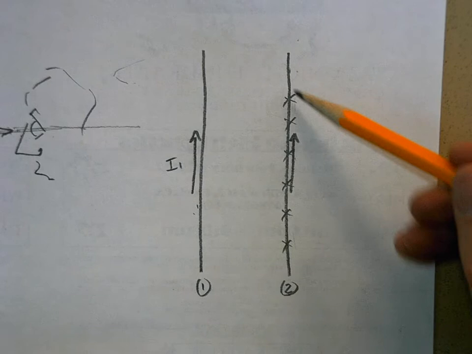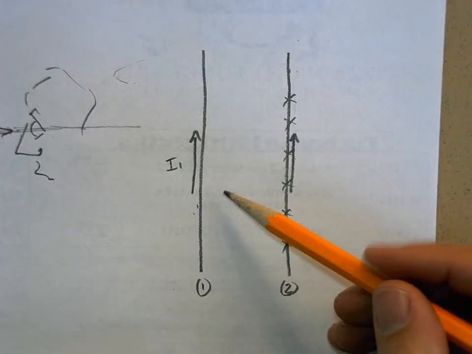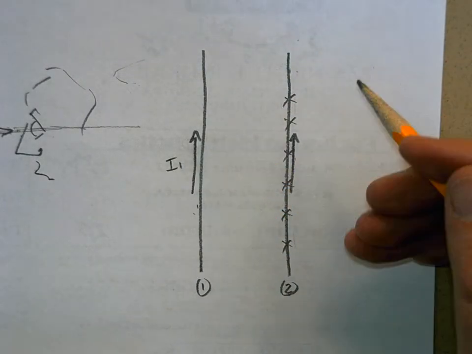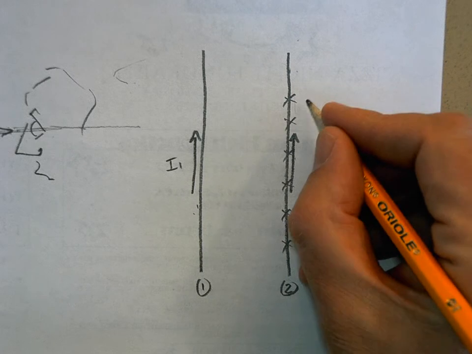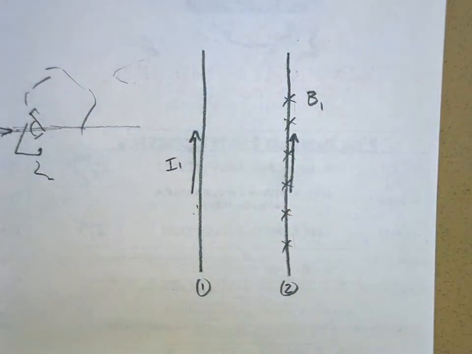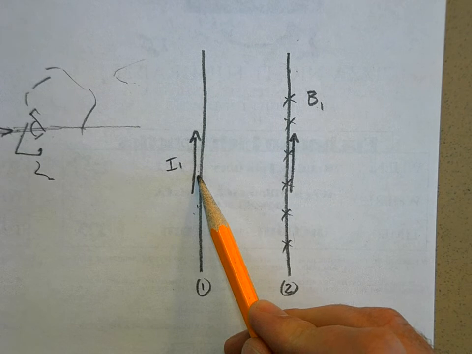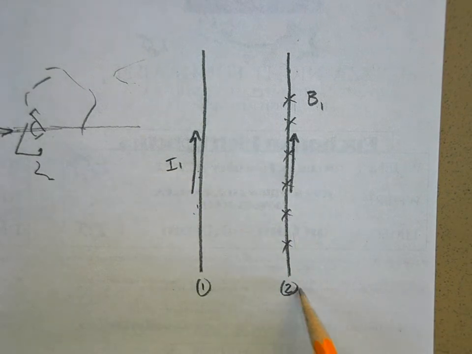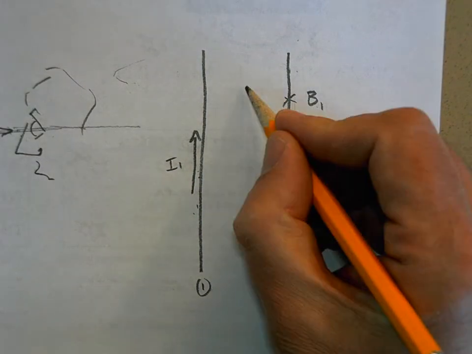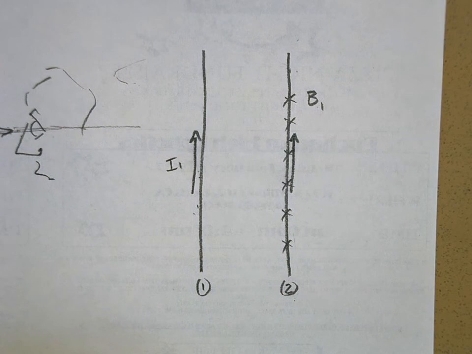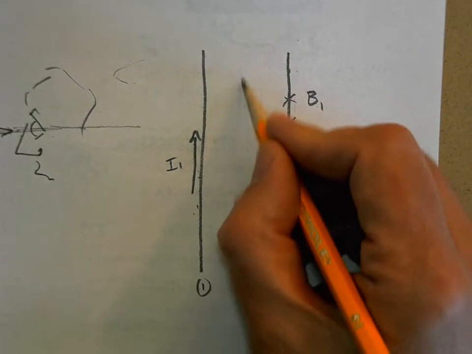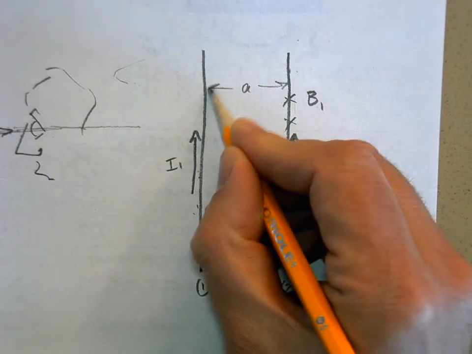So along wire 2 is a magnetic field due to the current in wire 1. Now what is the magnitude of that magnetic field? I'll call this B1. B1 is the magnetic field due to current 1 at the location of wire 2. I'm just going to say that they're A apart, the two wires.